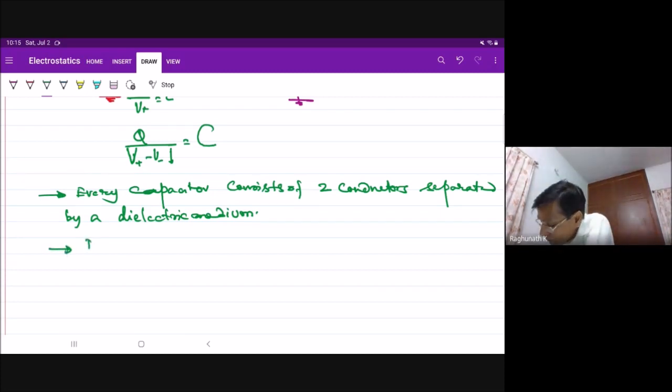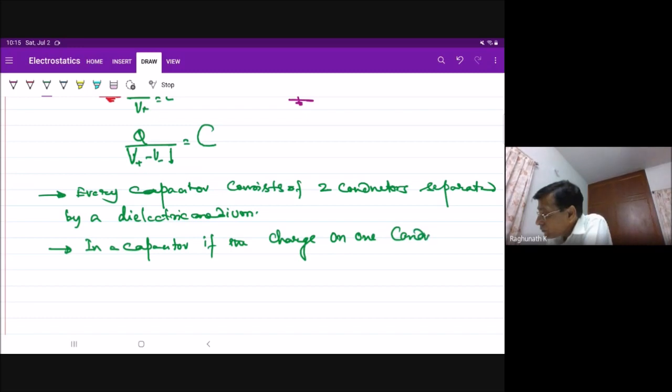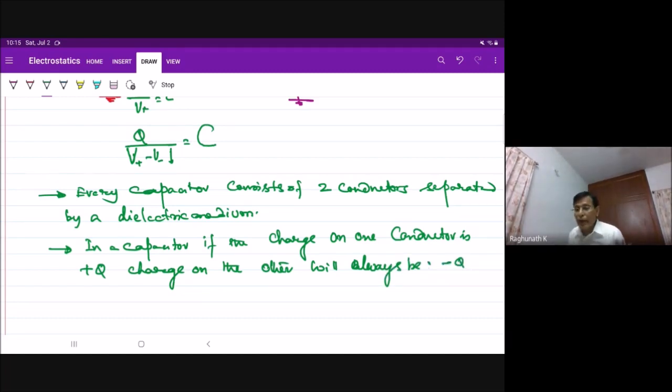In a capacitor, if the charge on one conductor is plus Q, the charge on the other will always be minus Q, the same in magnitude, because electrons are removed from one conductor in the system and put onto the other conductor, because of which the first one becomes positively charged and the second one becomes negatively charged.